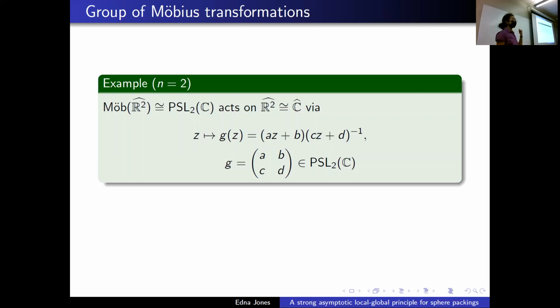The group of Mobius transformations on R2 hat is isomorphic to PSL2C, which acts on our one-point compactification of the set of complex numbers by the mapping (az + b) times the inverse of (cz + d), where a, b, c, and d are all in the complex numbers, and the matrix with those entries is in PSL2C.